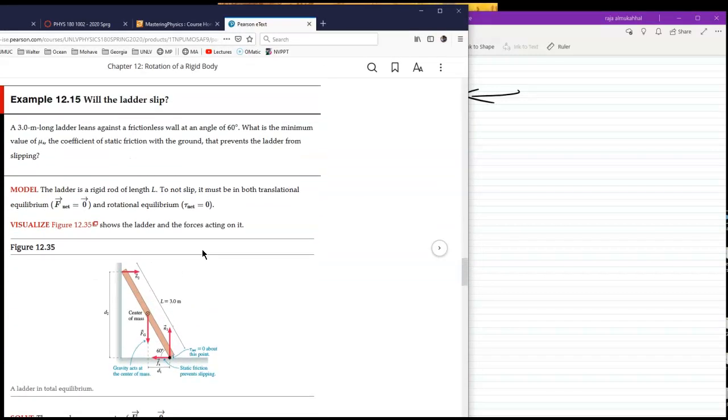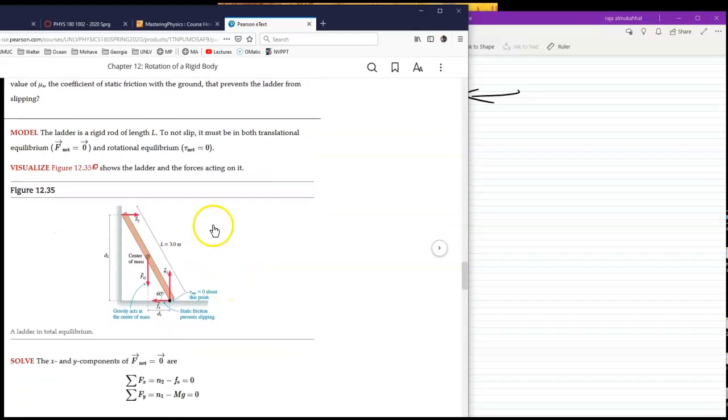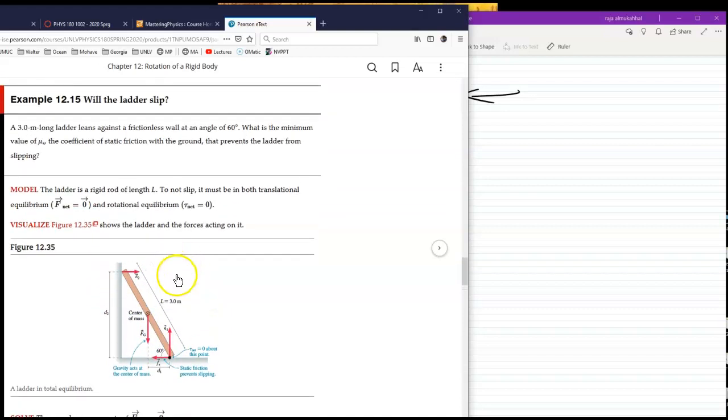There we go. This is the ladder. Make sure that you understand the ladder problem. For those of you who plan to take statics and dynamics, if you're in mechanical engineering or civil, you will do a lot of ladder problems. It's just going to be your middle name. So anyway, we're going to do this problem right here.